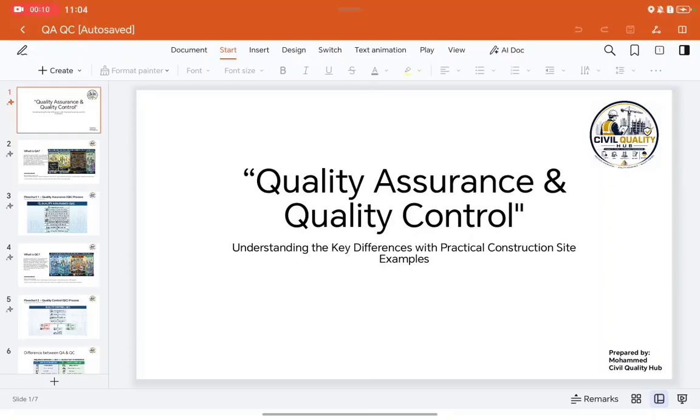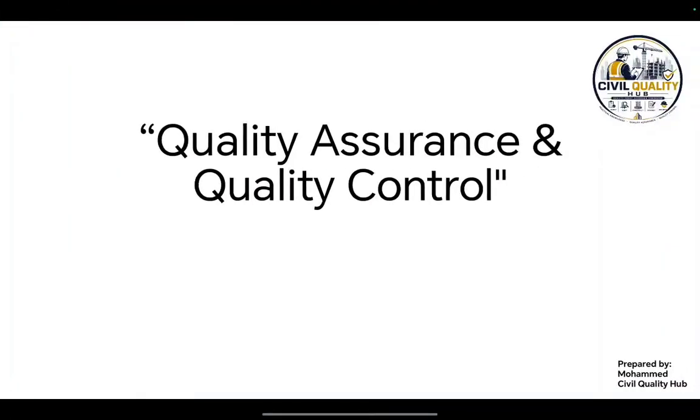If you are a civil engineer, QA/QC engineer, site engineer, or even a student preparing for interviews, this video is for you. One of the most commonly asked questions is: what is the difference between quality assurance and quality control?